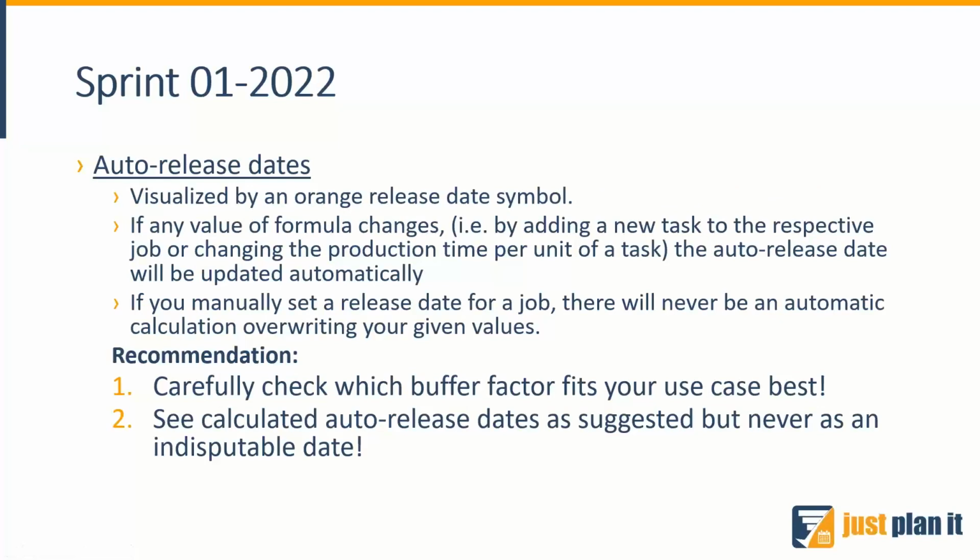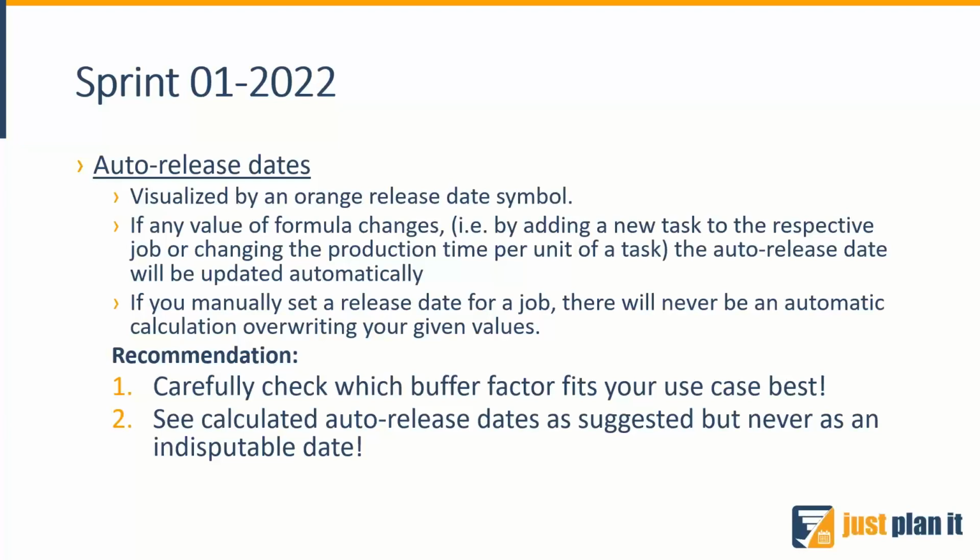So how do you recognize that there is a release date in the Gantt chart views? In the Gantt chart views, you will see automatic release dates in orange instead of the ones that you are used to, which are colored in gray. And as long as the release dates are orange, they are still activated.